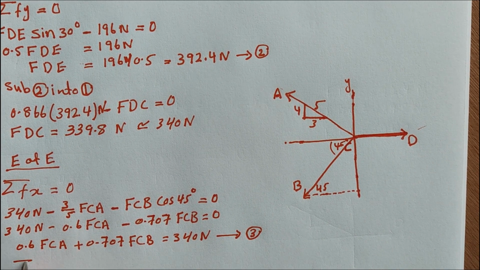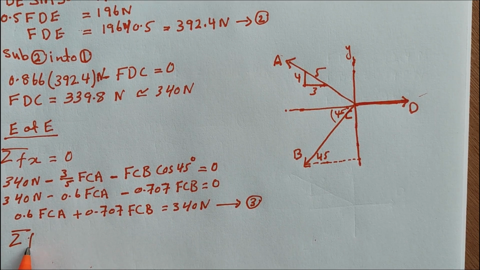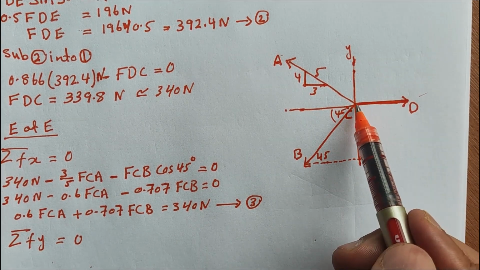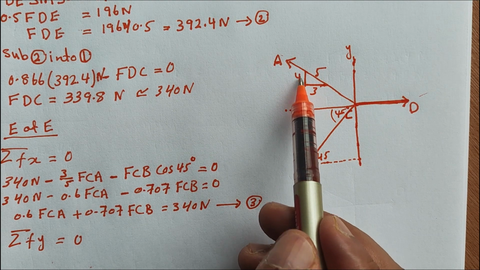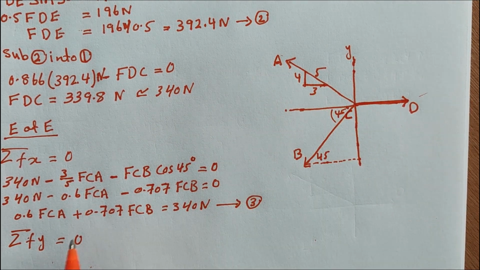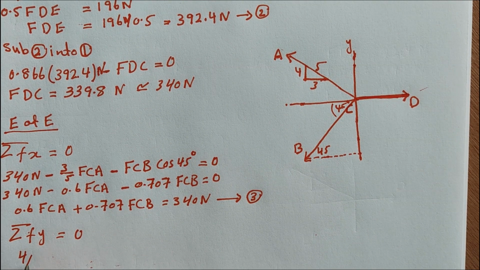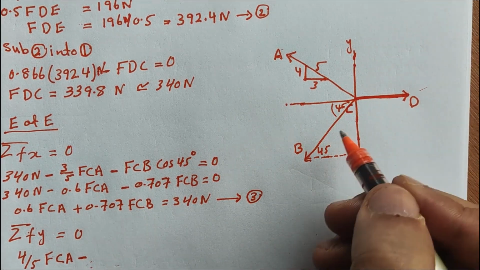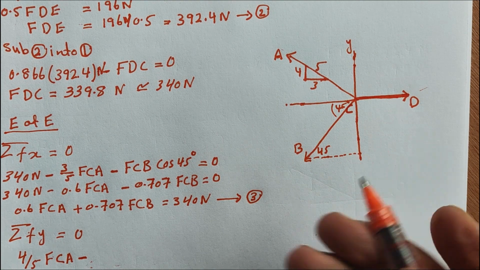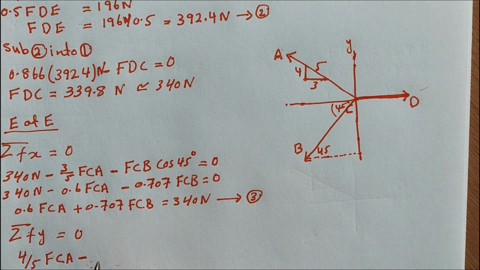So let's find the sum of the forces on the y-axis. They all should equal to 0. For the y-axis here we don't have anything for D, but we have 4 over 5 for FCA. So this one FCA 4 over 5 FCA minus, for the CB here again sine or cos, they both will work, so minus FCB sine 45 degrees.